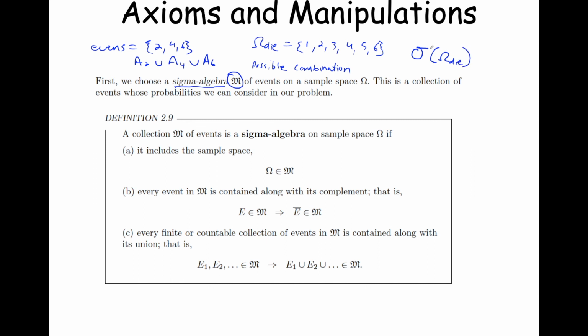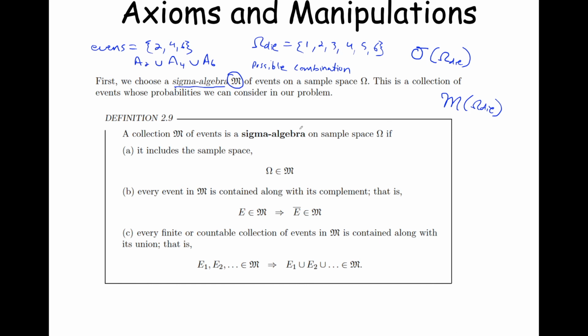And what this operator sigma does, or sometimes you'll see script M operating on the sample space omega die, is it's the function, the sigma-algebra, that returns to you combinations of the singleton events constructed by set operations.